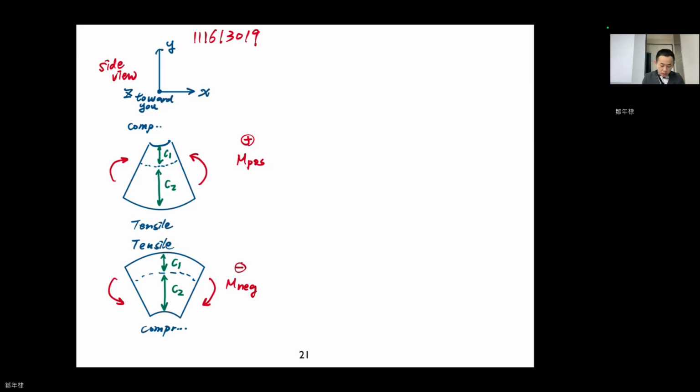Okay. So now we are going to determine sigma T equal to minus M positive times C2 divided by IZ. And we also want to determine sigma C equal to minus M positive C1 divided by IZ.